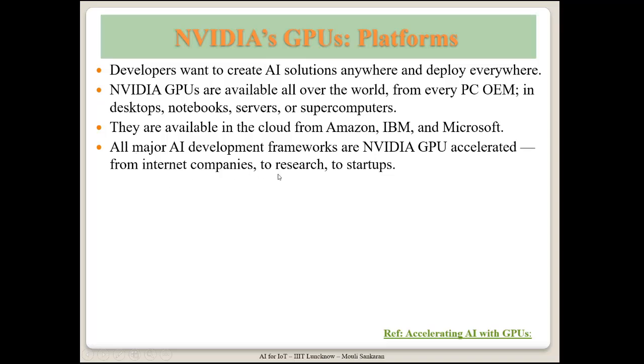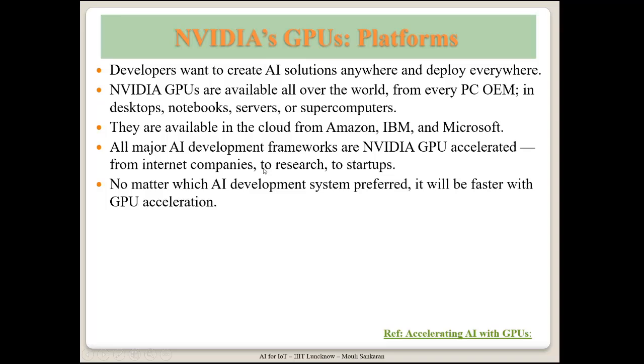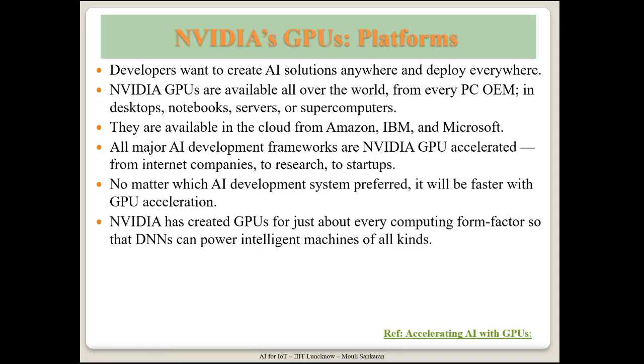They made a lot of changes in NVIDIA's framework, working with internet companies as well as research institutions and startups. Now they try to improve it for different platforms and different purposes, both for the cloud as well as the edge. Now they have GPUs for different form factors. What does form factor mean? Dimensions, and also performance.